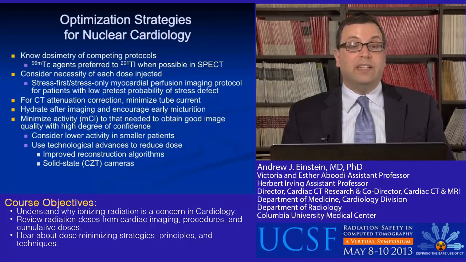We should try to minimize the activity of each radiopharmaceutical to that which is needed to obtain good image quality and with a high degree of confidence. For example, in smaller patients, we can consider injecting fewer millicuries. And we should consider, for all patients, where available, to use technological advances to reduce radiation dose. These include improved reconstruction algorithms, as well as solid-state cameras.